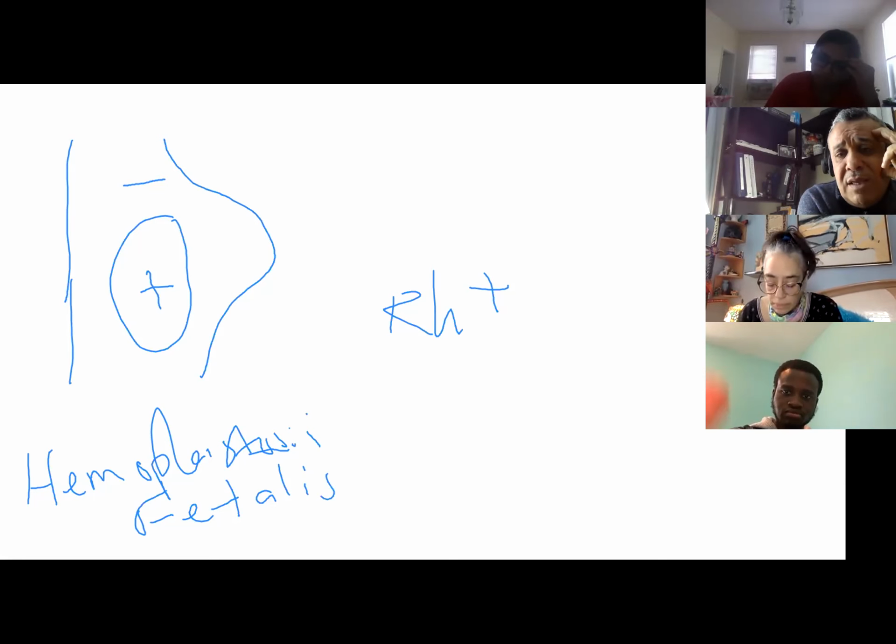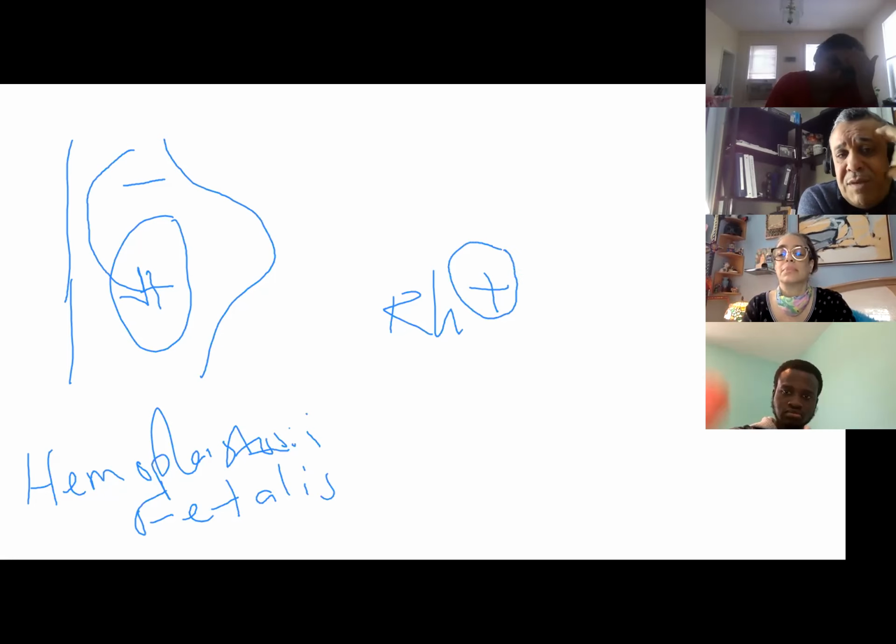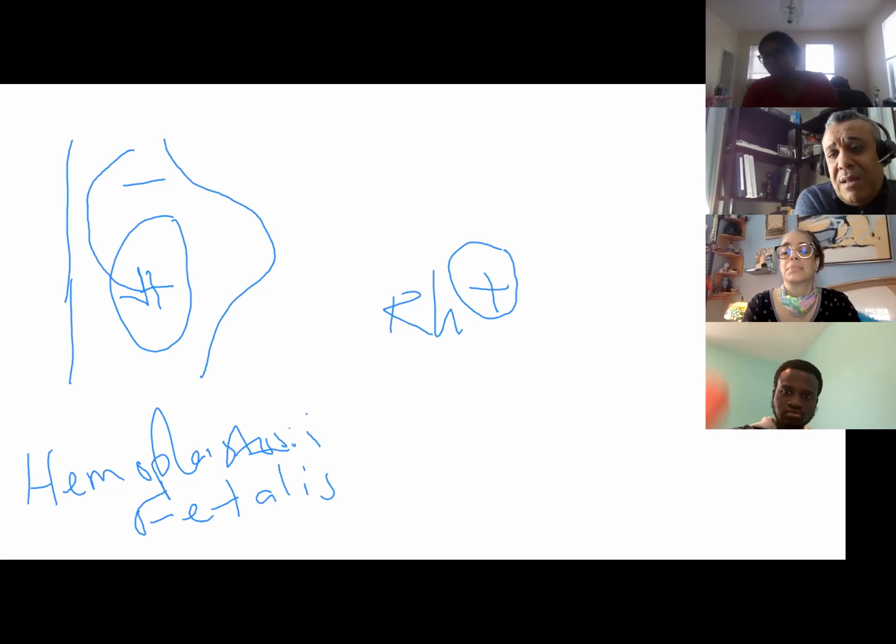So given that the baby's blood RH is positive, then the immune system of the mother is going to attack the baby's RBCs because it's the positive RH. The RH positive here is like an antigen that will be attacked by the mother's blood or immune system.